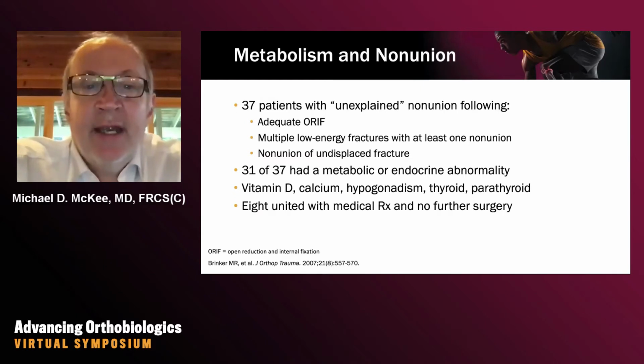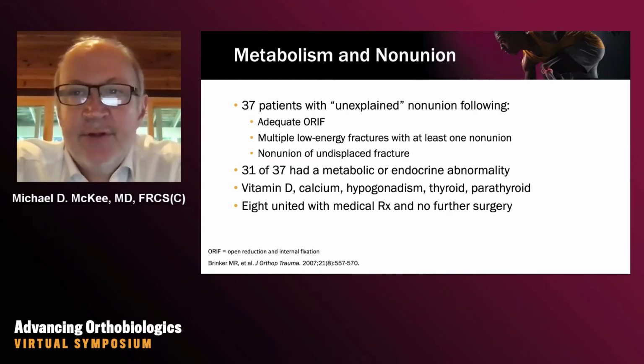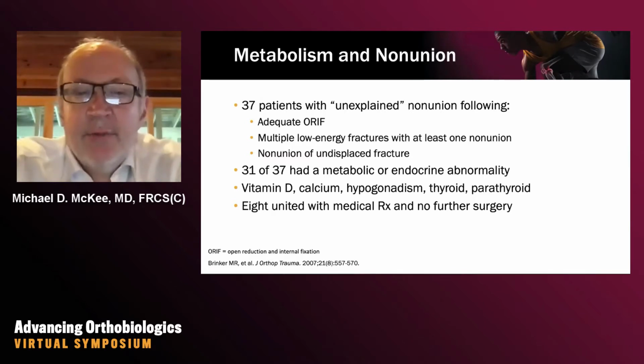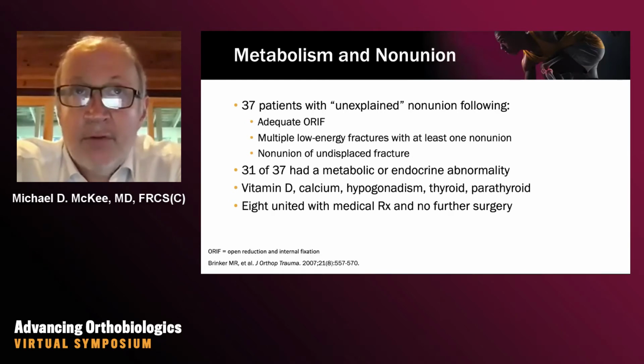Most interestingly, 8 of these patients healed without any further surgery. So if you just identified the underlying metabolic or endocrine abnormality and addressed that, then their fracture would heal without any further surgery. And so that's a really nice thing for the patient not to have to undergo another surgery and get their non-union to heal.